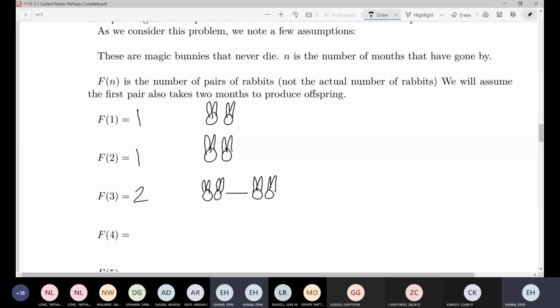Well, now this original pair of bunnies is just going to keep making bunnies forever. But this new pair of bunnies needs to wait 2 months before they're going to have bunnies.